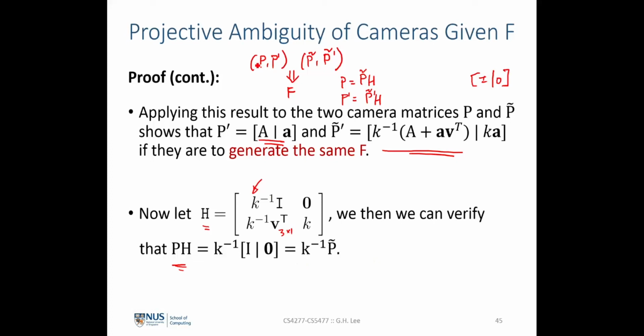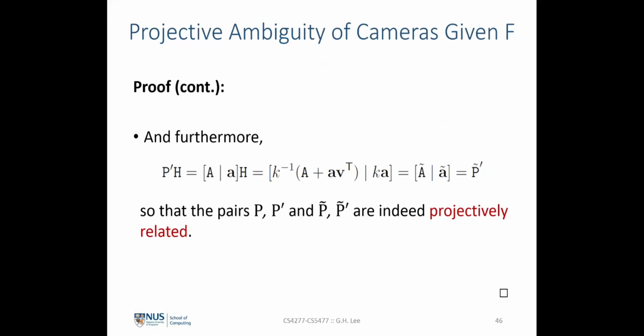If the two sets of camera projection matrices give rise to the same fundamental matrix, then P tilde, which is the first camera of the second set of camera projection matrices, is going to be related to the first camera matrix of the first pair by a 4 by 4 non-singular projective matrix H over here. And indeed, this is true up to a certain scale, since K is an arbitrary non-zero scalar value that we have seen earlier on. So this equation here is proven to be true.